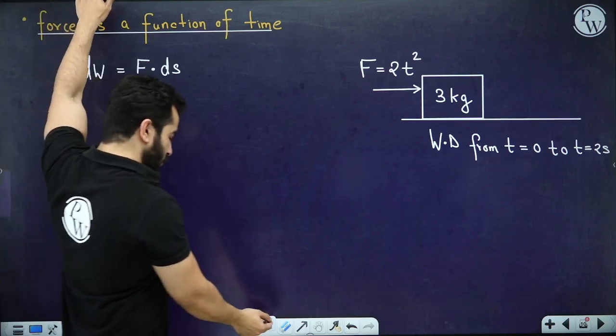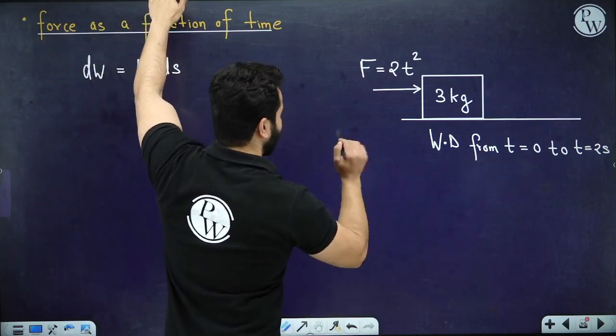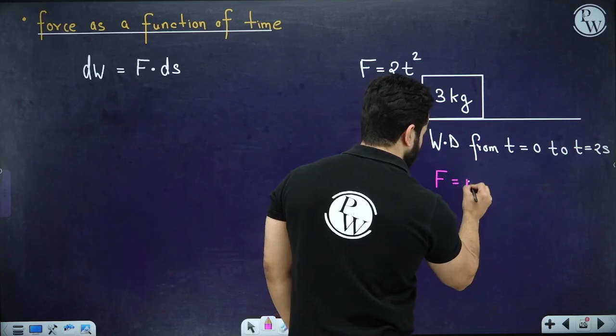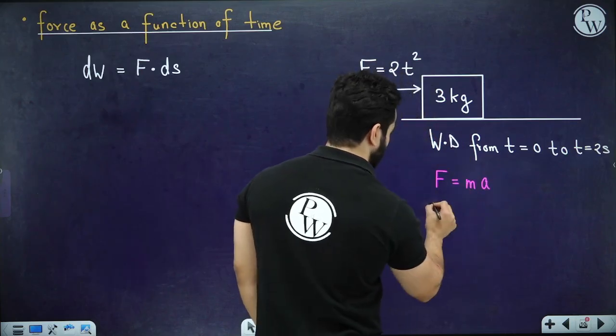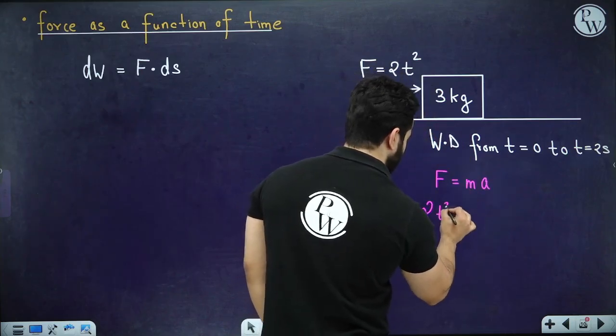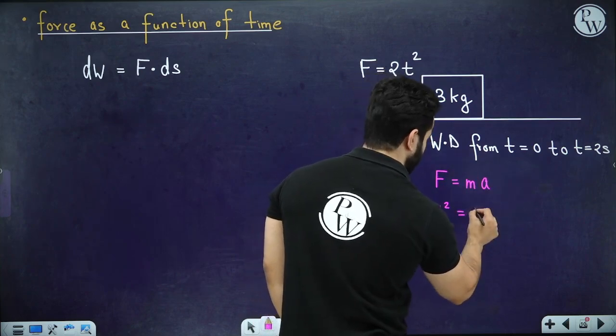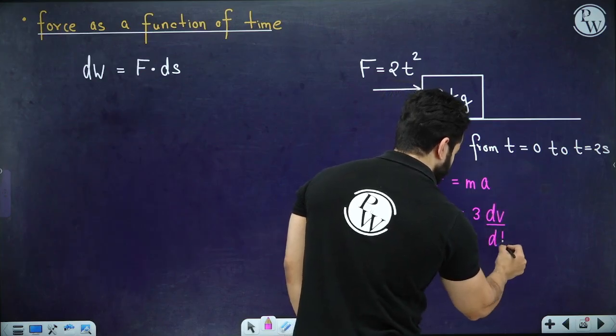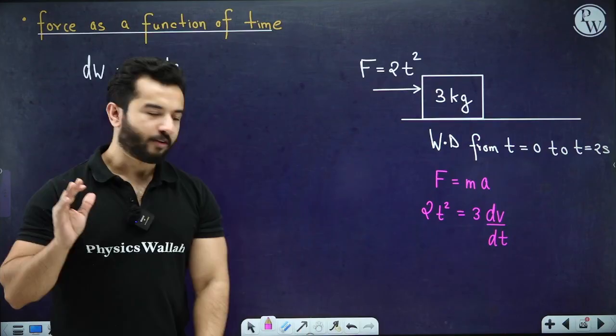What else do we know? We know that we can write force as mass times acceleration. That means 2t square equals mass, which is 3 kg, times acceleration, which can be written as dv by dt. Hopefully everything is clear till here.